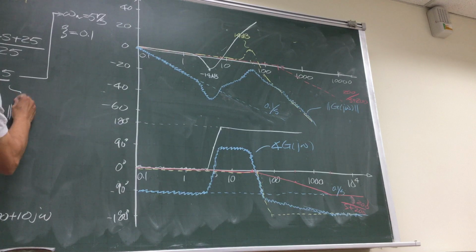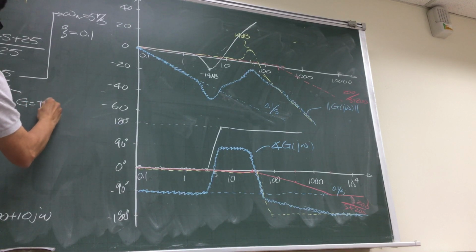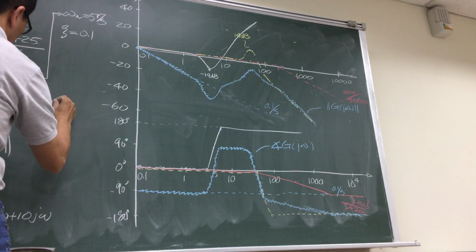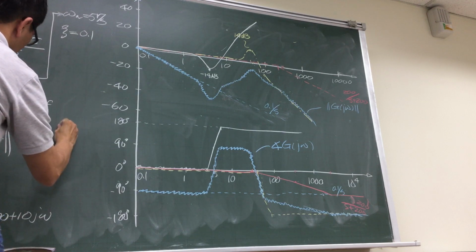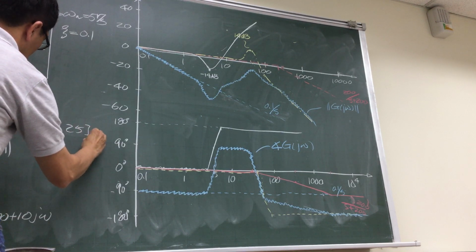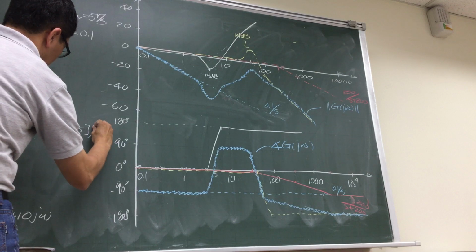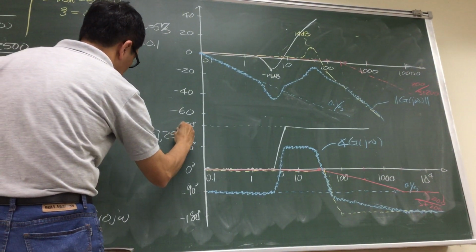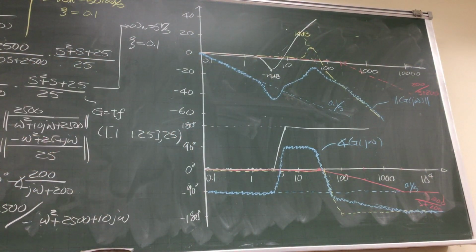This one, you can just do G equal to tf, 125 and 25. That'll be fine. Even though it's improper, MATLAB can implement this transfer function.